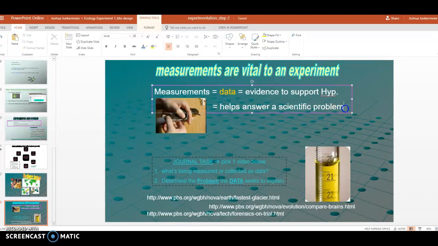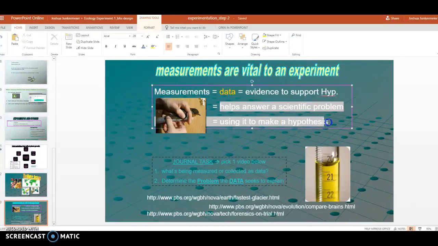So what does that mean? If we're answering a scientific problem, that means we are using data to make a hypothesis. Because these two things are the same thing.